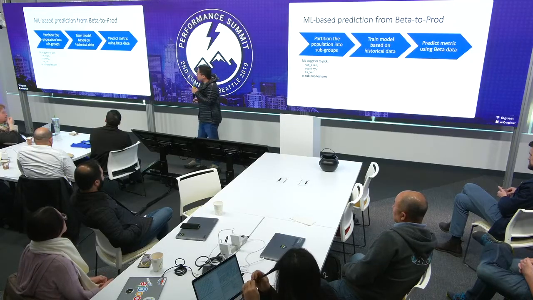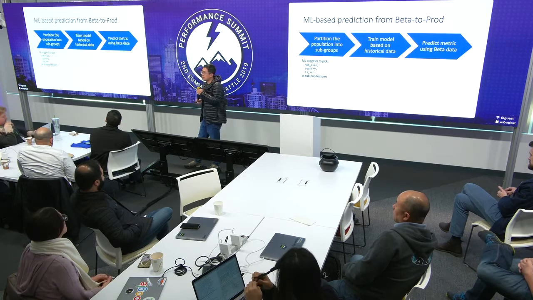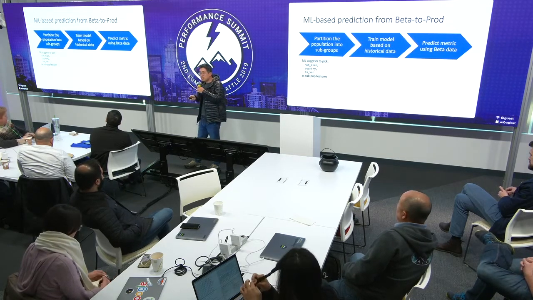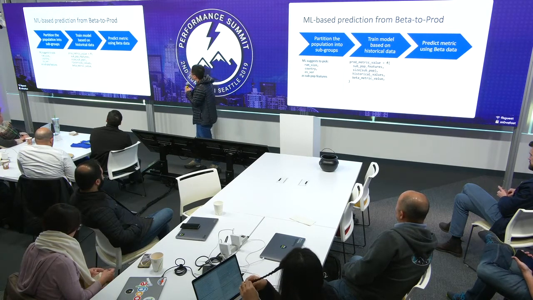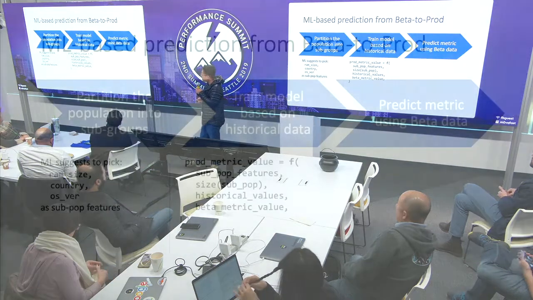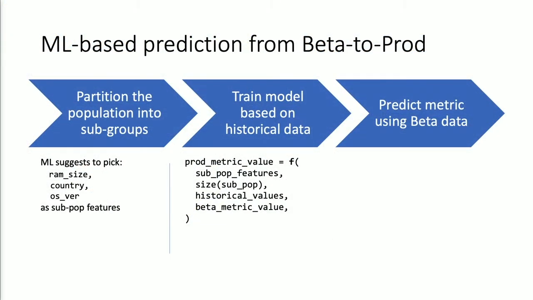And then we train a model based on historical data, because let's say you have a country that is very small and you don't really trust that data, because maybe there are more fluctuations or just less data you can leverage. So we train the model, a function f, based on the subpopulation features and the historical values.